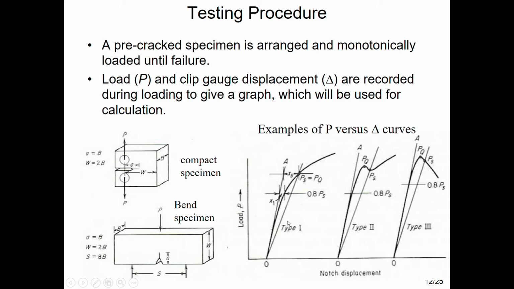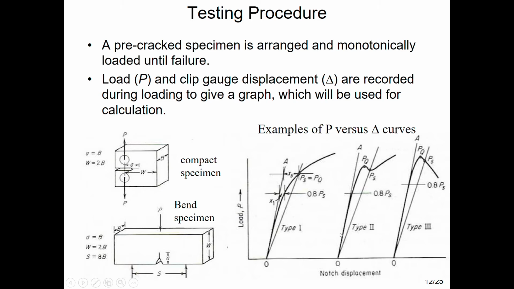I will have this as type 1, where PS equals PQ. Then this is type 2, where PQ is more than PS, but in this direction.